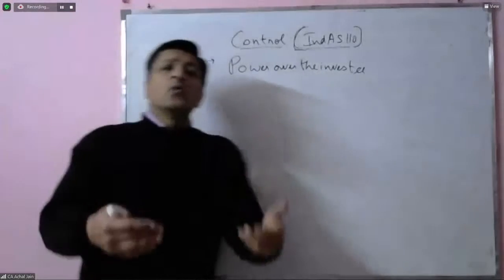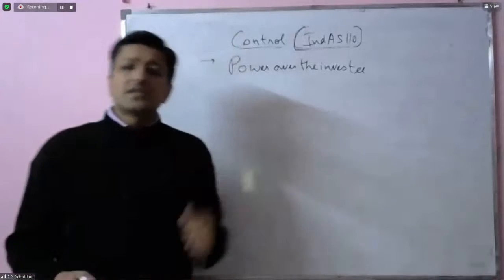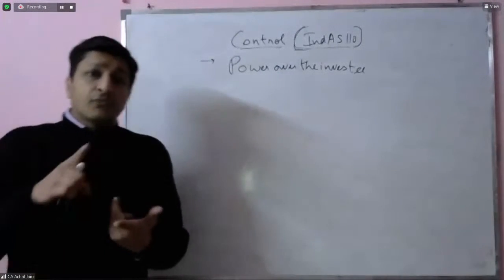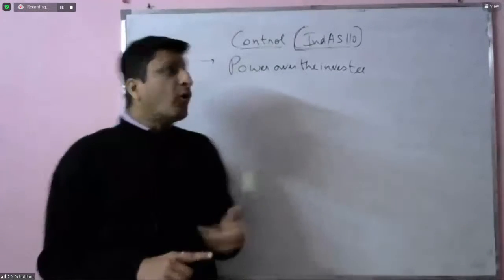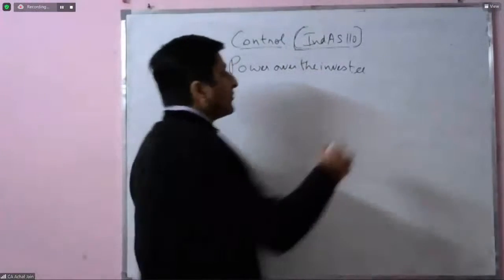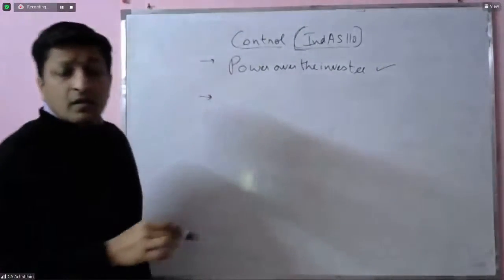Investee means the entity whose shares or stake or business is getting acquired. In such a case, the first criteria of control as per Ind AS 110 will be fulfilled.